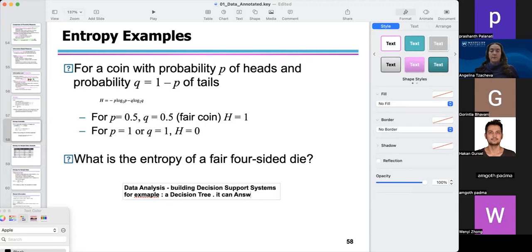It can answer questions such as, is this customer profitable? Is this customer at high risk or low risk for giving them a credit card or loan?